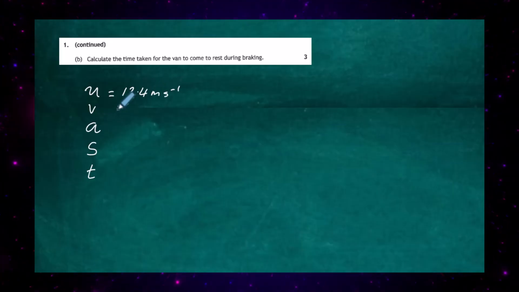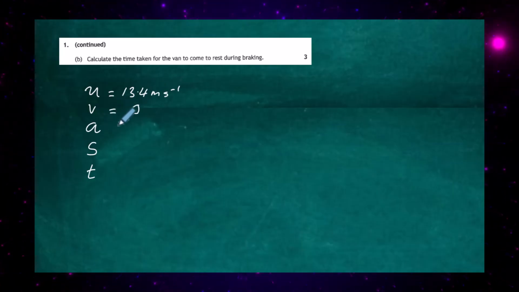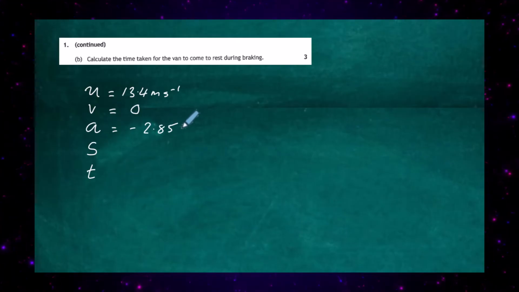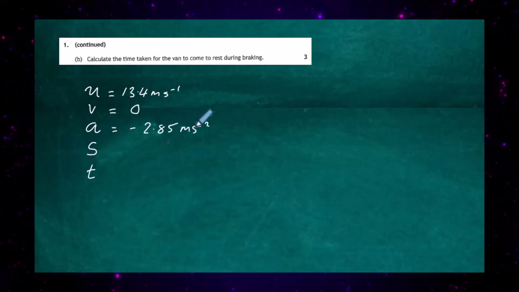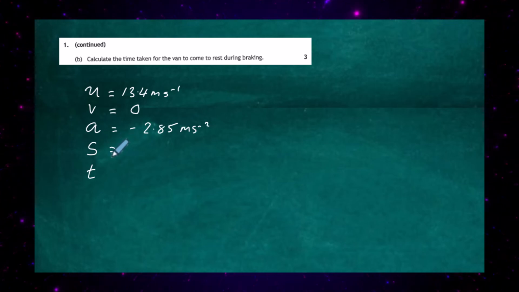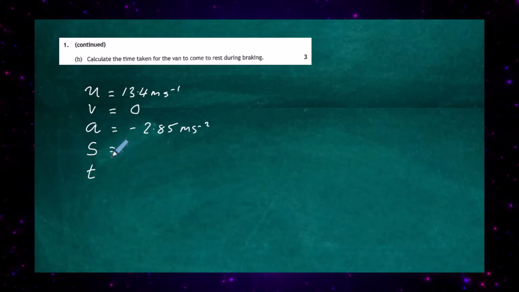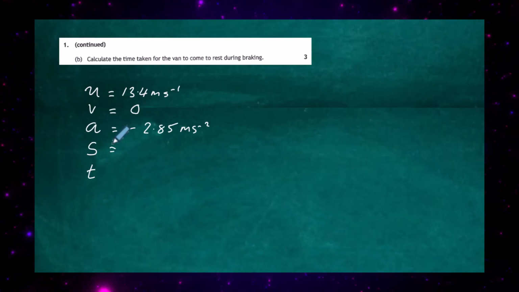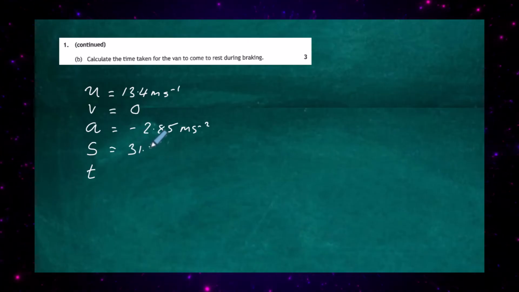The final velocity is 0. The acceleration is minus 2.85 metres per second every second. We know the distance the van took to come to rest was 31.5, so we can put that down as well.